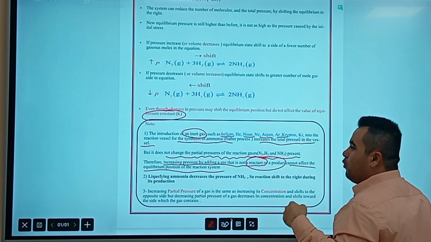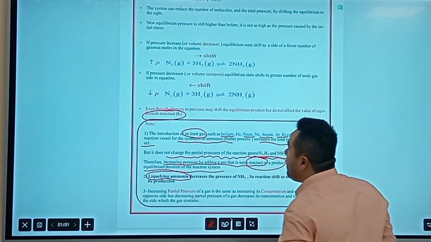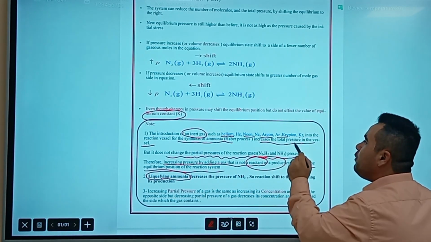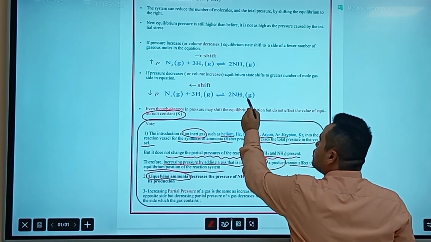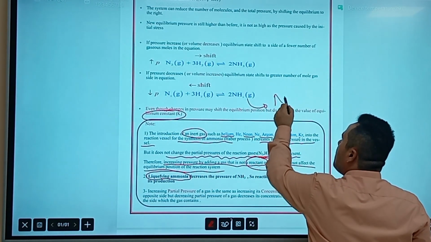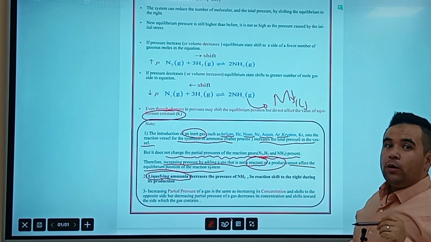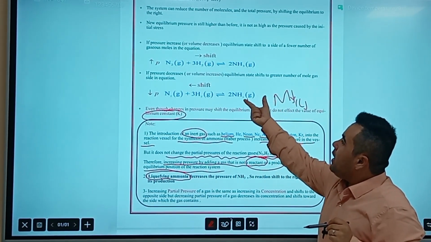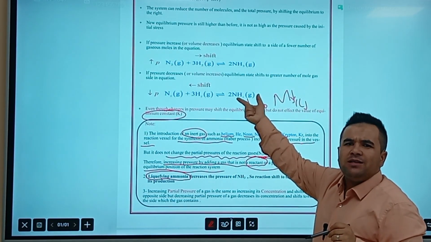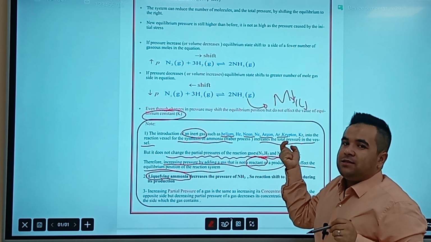And then there will be something like that, liquefying ammonia. Liquefying ammonia in the above reaction means taking ammonia gas to be ammonia liquid. So whenever we use liquefying ammonia in the Haber process, we mean removing the ammonia gas from the system.